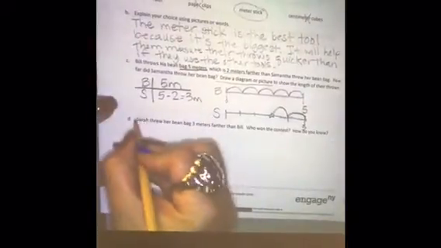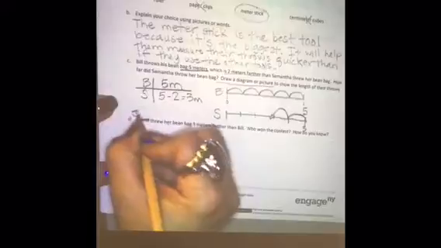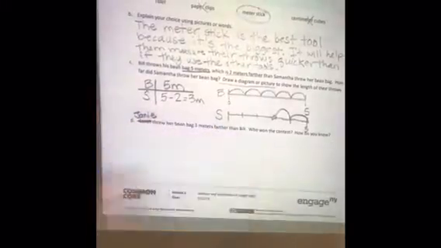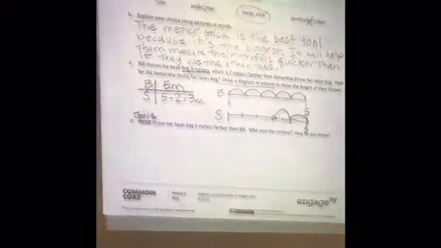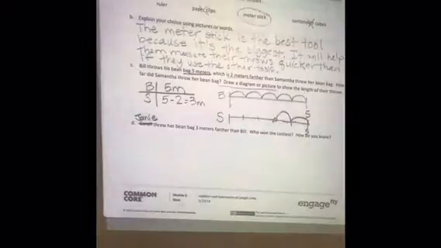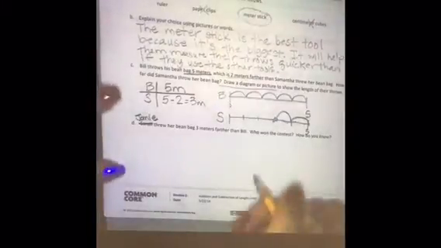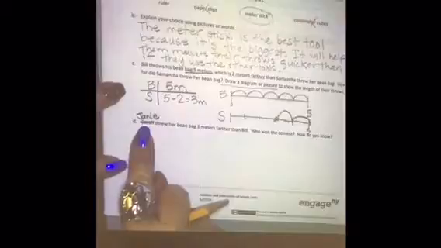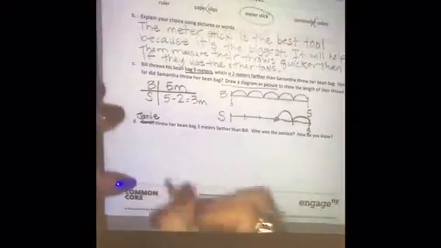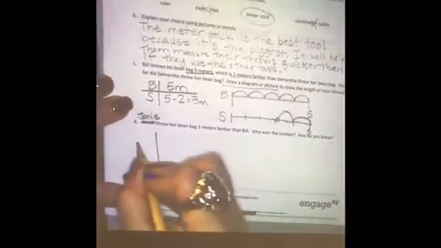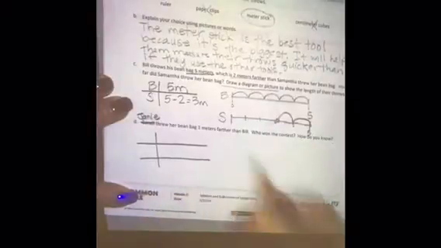I just crossed it out and wrote Janie. The reason I like the child to have a name that doesn't start with S is because the strategy of making a table is really helpful.